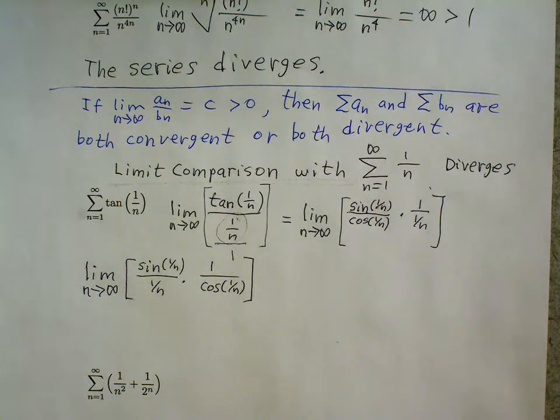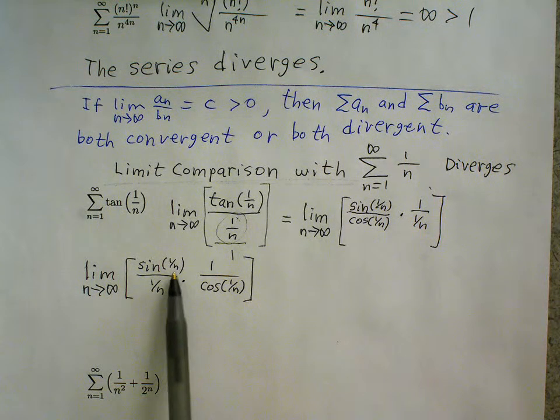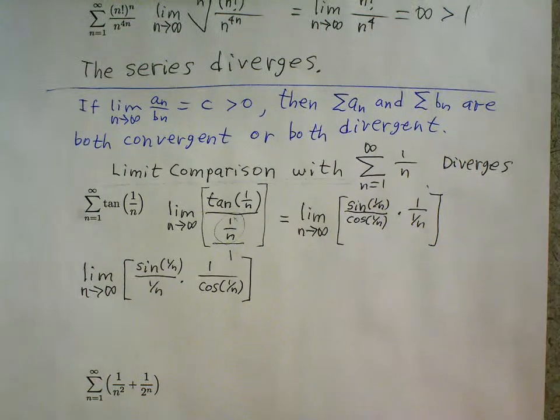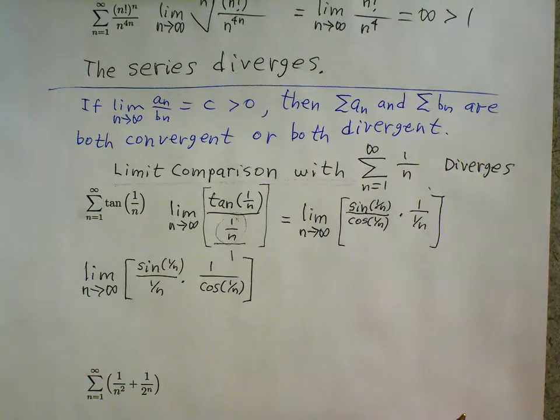And now we can compute the limit. Notice that as n approaches infinity, 1 over n approaches 0. So you may have seen in Calc 1 a famous limit.